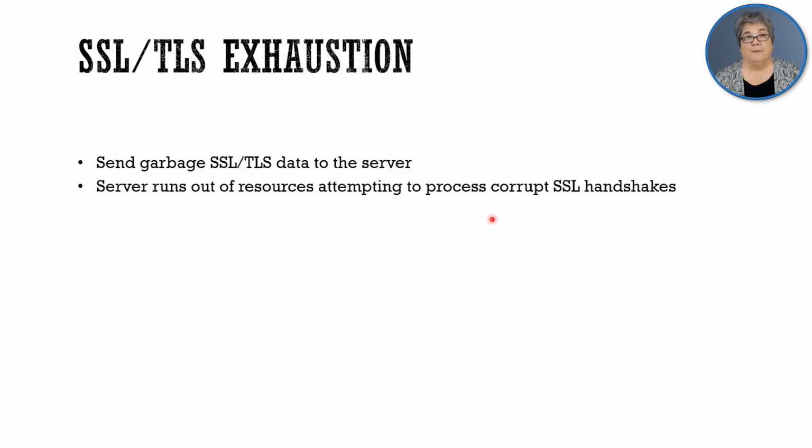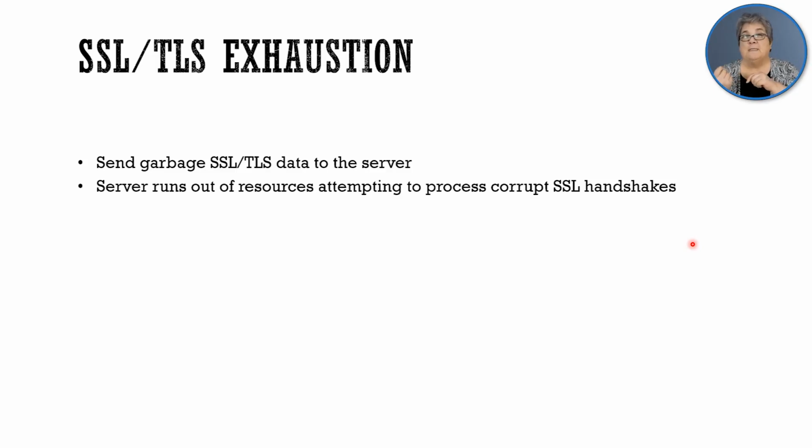Then there's SSL/TLS exhaustion. We're going to send garbage SSL/TLS data to the server, and it'll run out of resources trying to process corrupt SSL handshakes. You know, for HTTPS, which now uses TLS, but SSL was the predecessor, it has to set up a handshake to agree upon a session key.